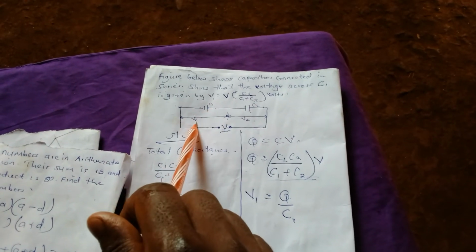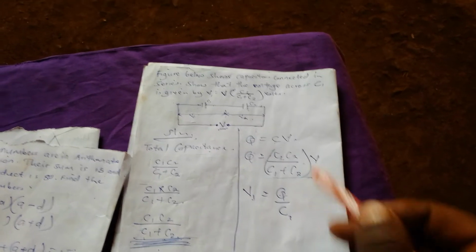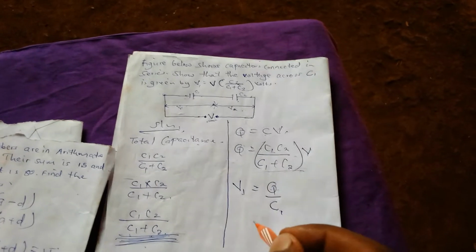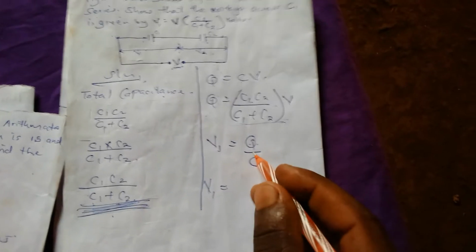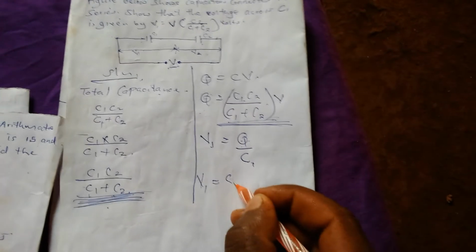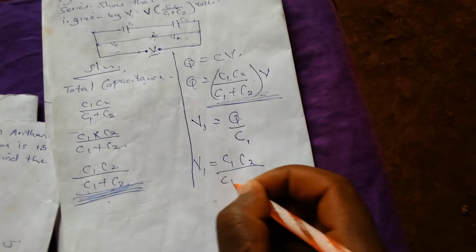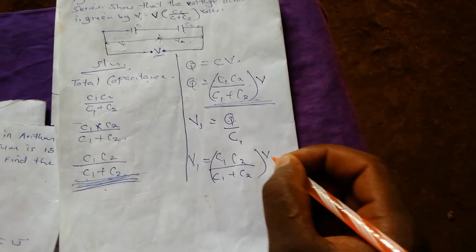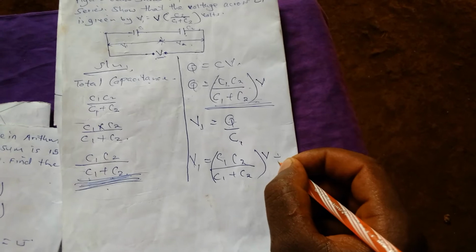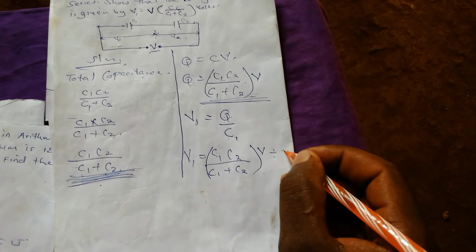Because we are looking for V1, we are dealing with C1. So V1 is equal to the total charge Q, which is C1 C2 divided by C1 plus C2, times V, then divided by C1.